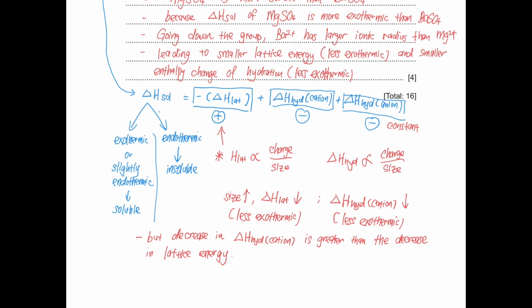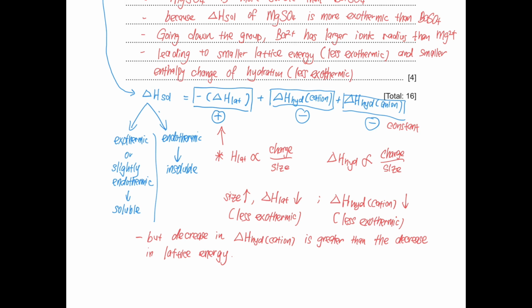The last point may be a bit more confusing. So here, I'm going to put some explanation on the last point. Decrease in hydration energy for the cation is greater. So how can that happen? You know, hydration has something special, like what I said before.